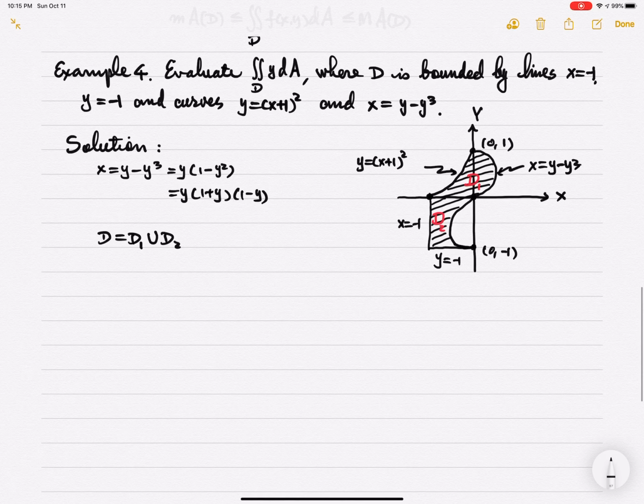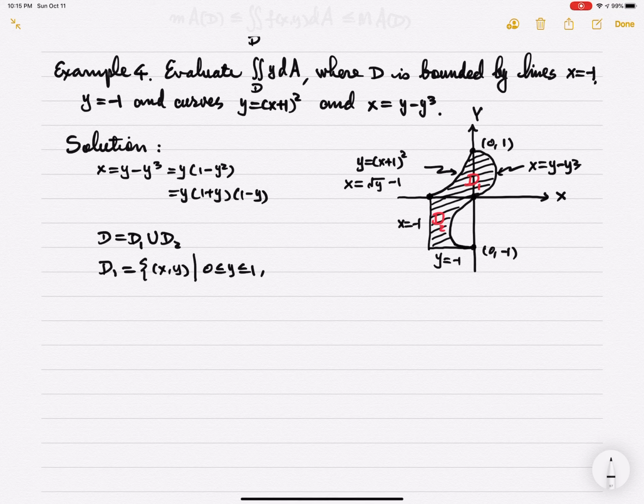And then D1, if I write it as a type 2 region, is the set of (x, y) where y changes from 0 to 1, and then x changes from, well, if I solve for x, x is equal to square root of y minus 1.